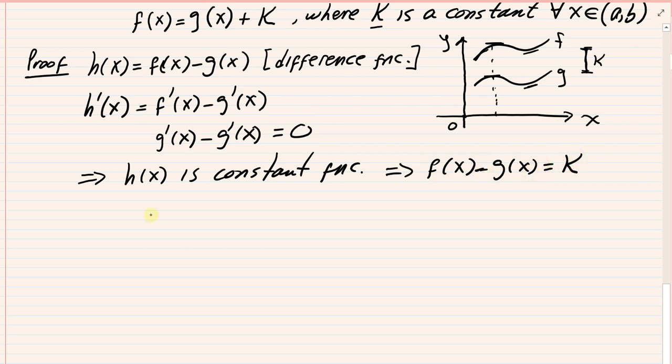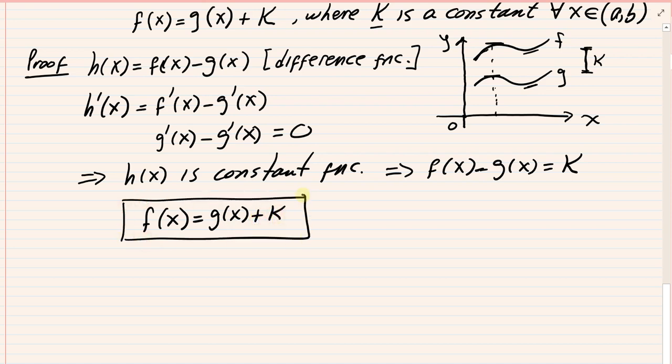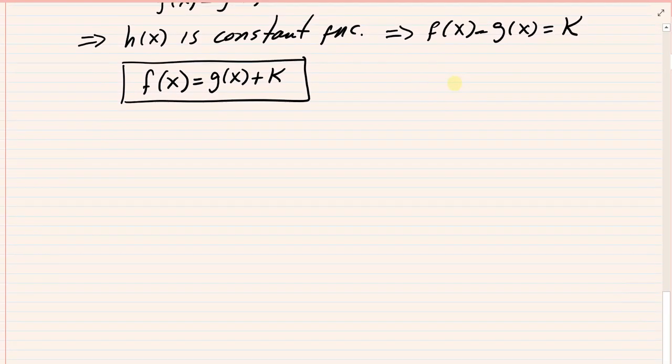That's our constant here. And we can solve for f of x. That would be g of x plus k, which is precisely what we wanted to say. So this says f of x can be written as a constant plus g of x or minus g of x. k is any real number, right? So these two functions are separated by a constant. You can get to one from the other by adding or subtracting a constant. And that's what that is.